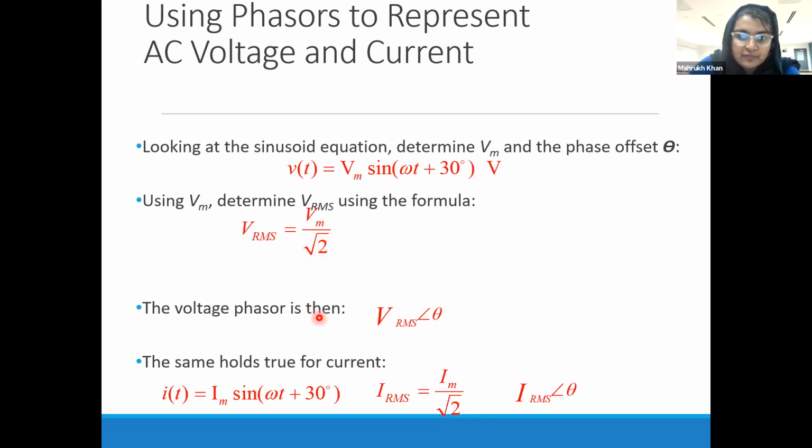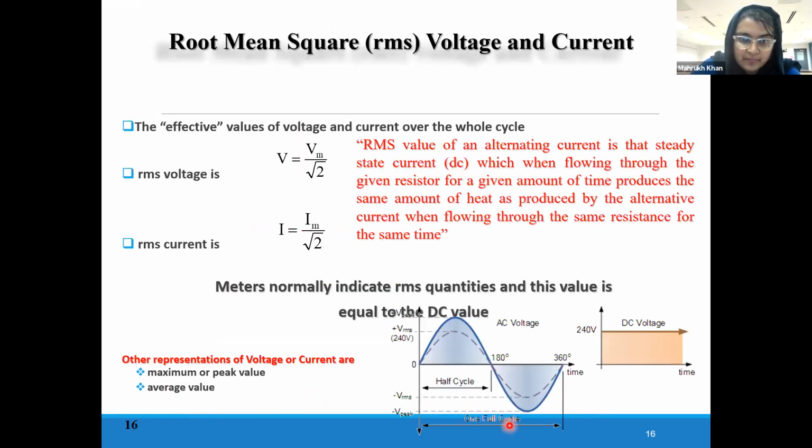Now the voltage phasor of RMS: whatever v(t) you have, you can just write Vrms at angle theta. Similarly, if you have this current, you can write Irms, which is Im over square root of 2, at angle theta. So what is Irms? That's what we need to learn. Because you know that a sine signal varies up and down, it's oscillatory.